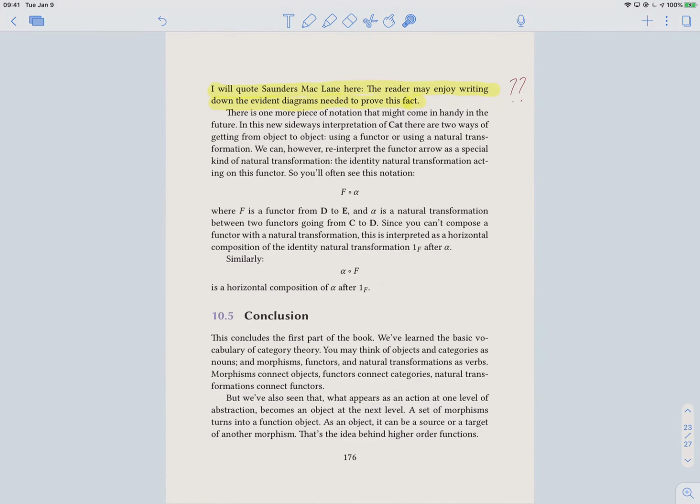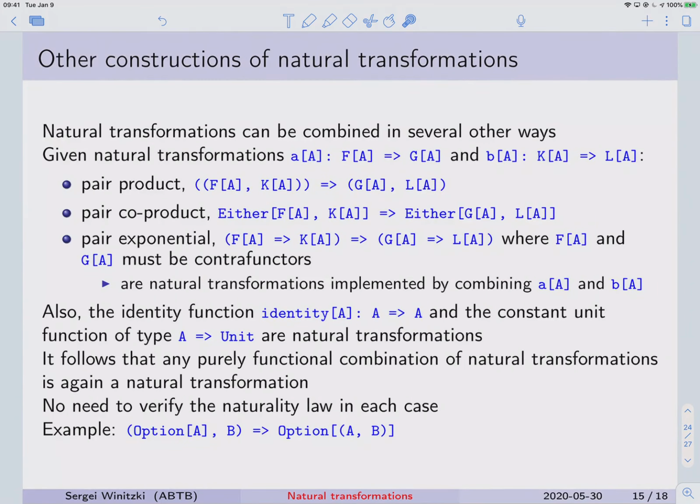So, to conclude, there are other constructions of natural transformations, for example, product of natural transformations, coproduct, exponential, and you can prove that product of two natural transformations is a pair of natural transformations, and coproduct and exponential also give you new natural transformations.